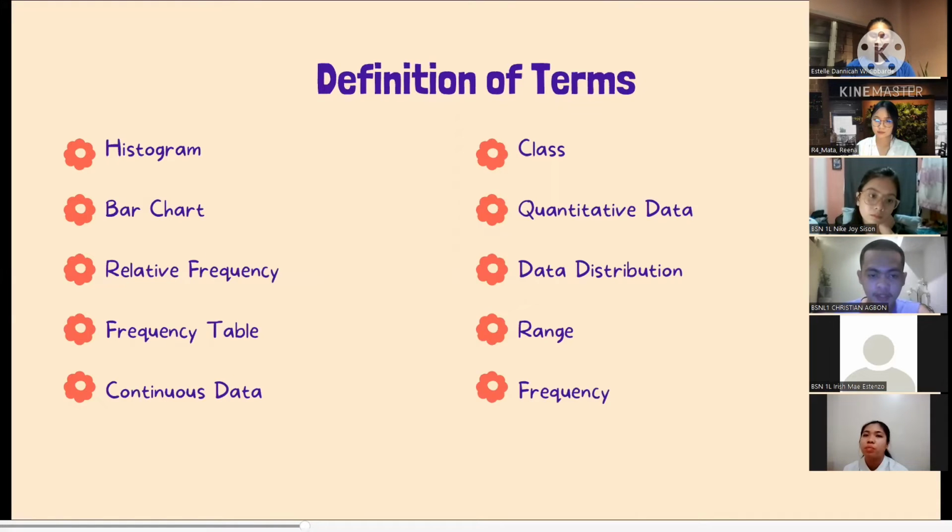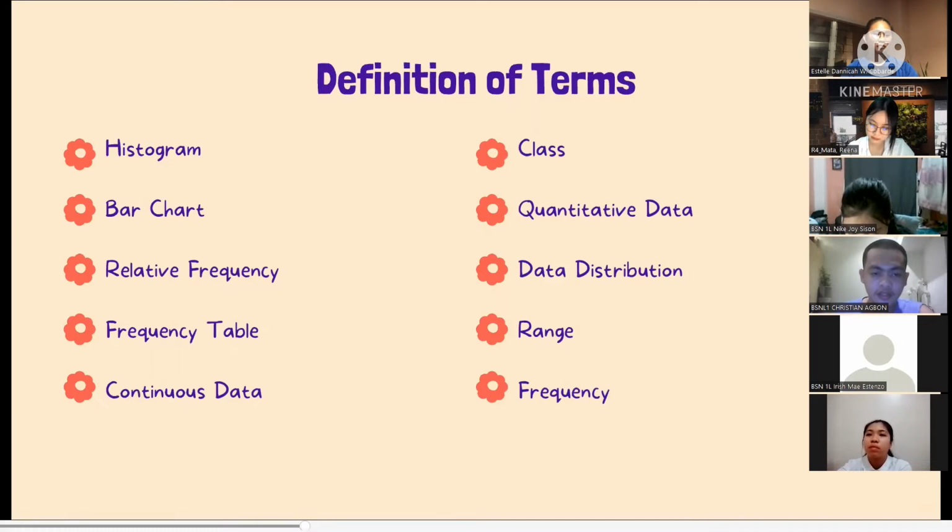Relative frequency is the ratio of the number of times a value of the data occurs in the set of all outcomes to the total number of outcomes. Frequency table lists a set of values and how often each one appears.